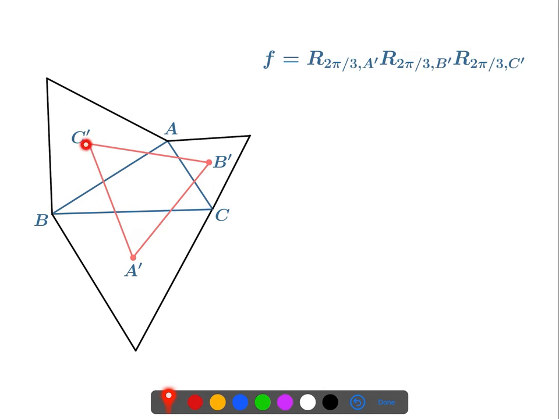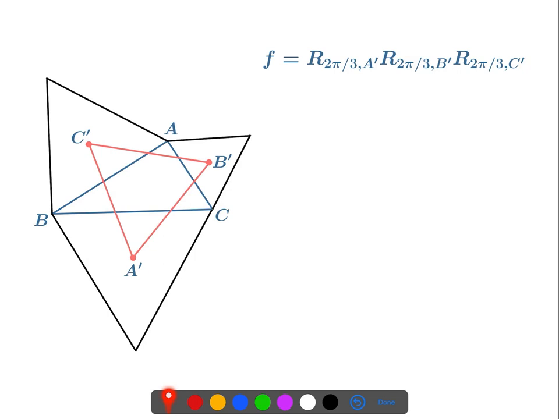This was the center of this equilateral triangle. These distances will be the same. So B is just going to go to A when I rotate about C prime by 2 pi over 3. So B will go to A. And now I want to rotate around B prime by 2 pi over 3. Again, this distance and this distance will be the same, and this angle will be 2 pi over 3. So A is just going to go to C.